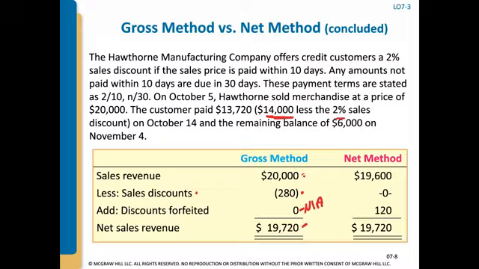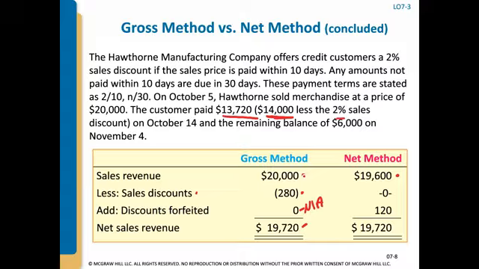$19,720. In the net method, we originally booked our accounts receivable and corresponding sales revenue at $19,600, assuming the client takes the full discount. However, they only took advantage of it for $14,000 of the total invoice, which we booked at $13,720.